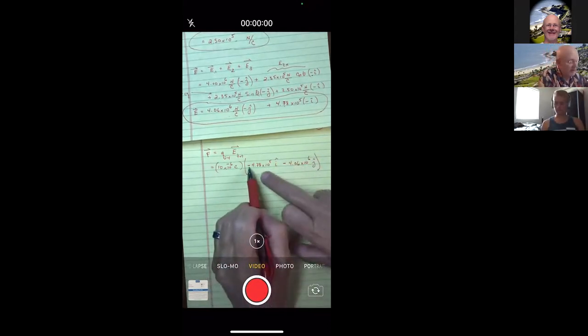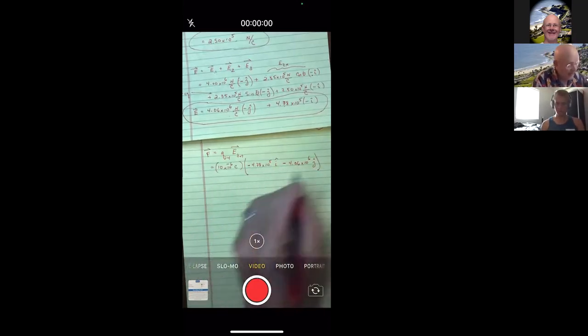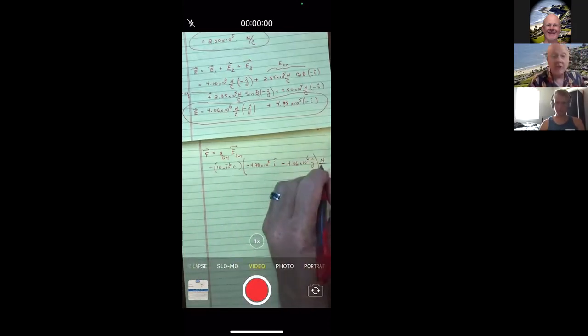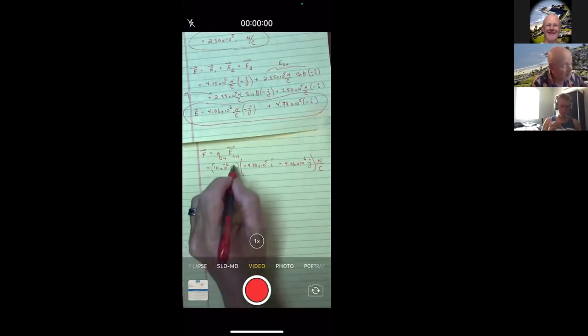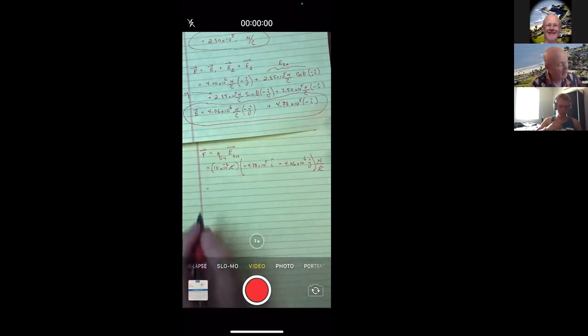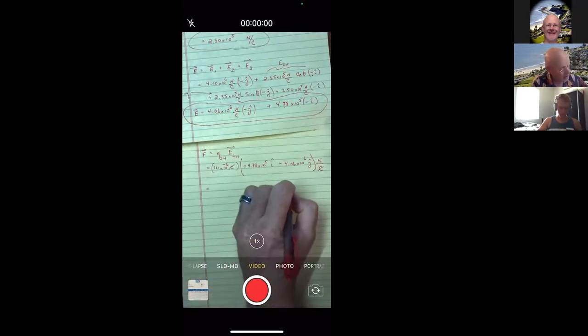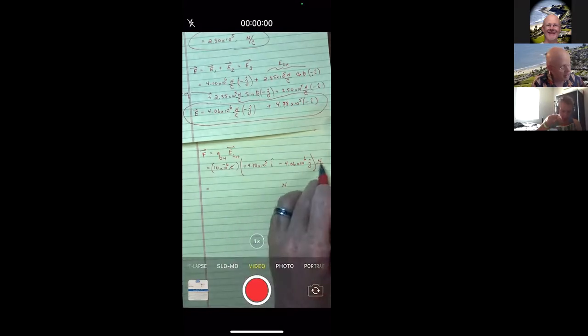So they're both negative, the negative I hat and negative j hat. And they both have the units of newtons per coulomb, which is really good because the coulomb will cancel off. And when this is all said and done, we'll be in units of newtons.